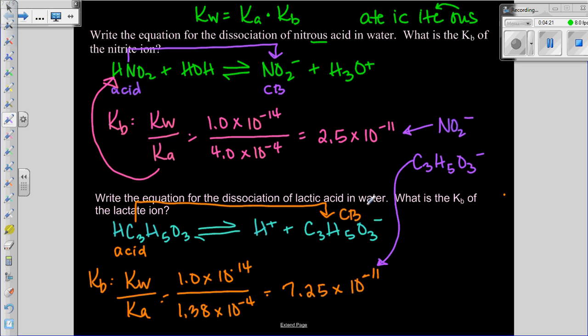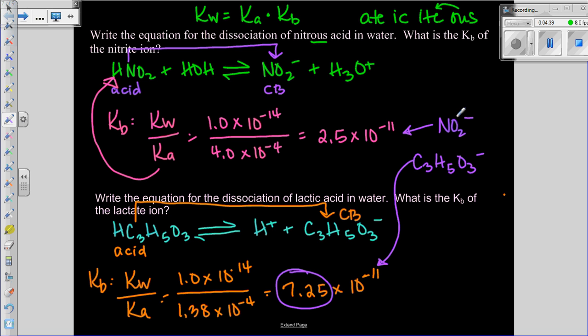They're both times 10 to the negative 11th, but 7.25 is larger than 2.5, so the lactate ion is a stronger base than the nitrite ion.